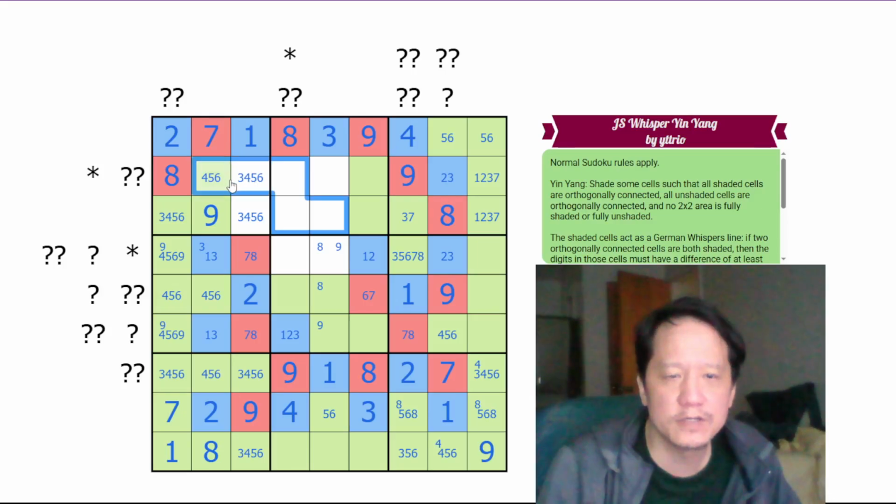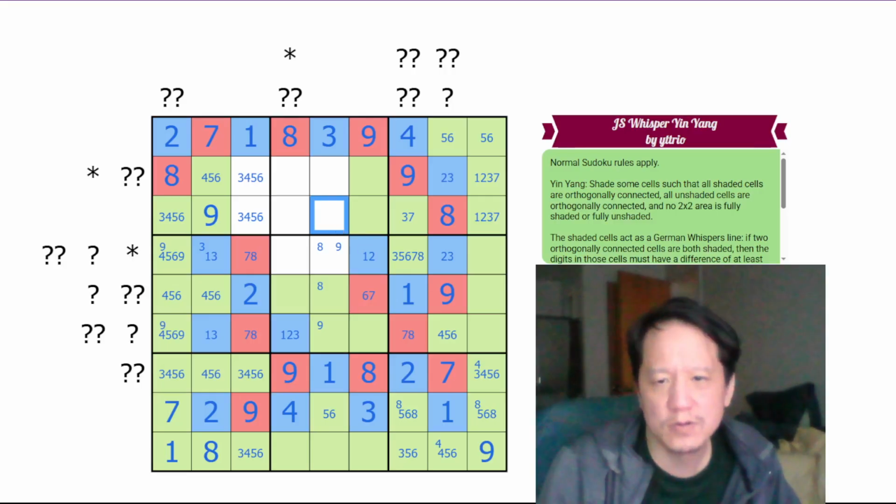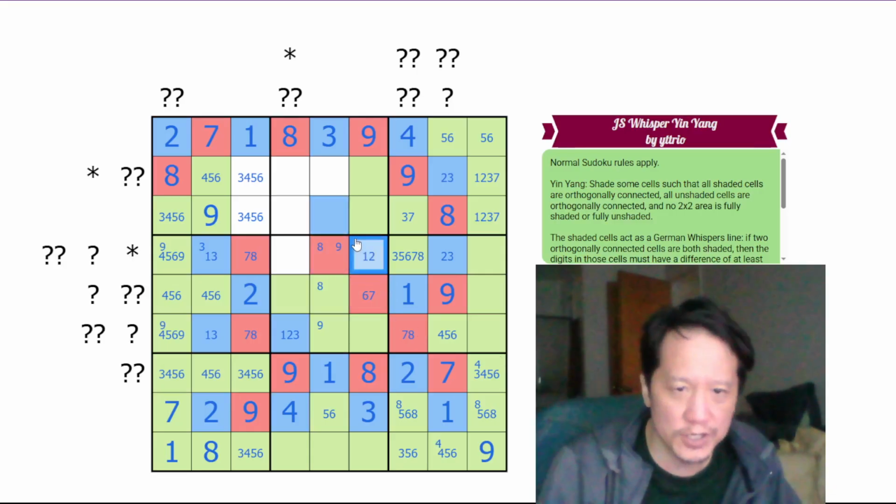And it would connect. If this is shaded, so say we had shaded here. If we have shaded here, this would be shaded here because of the diagonal. This would obviously be unshaded. You have to orthogonally connect. And then we don't know which one of these would work.